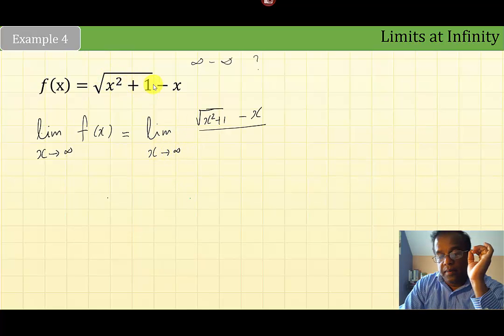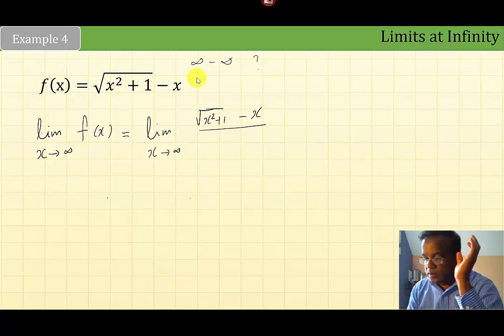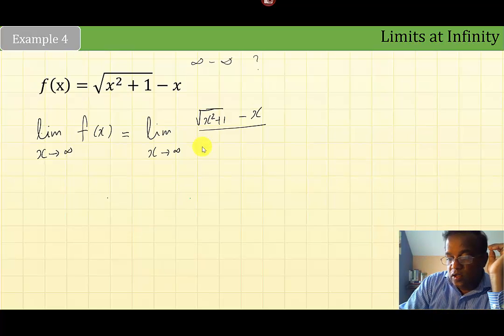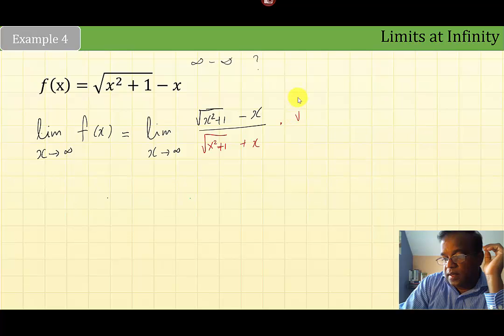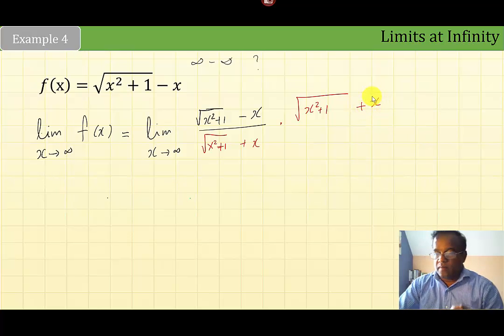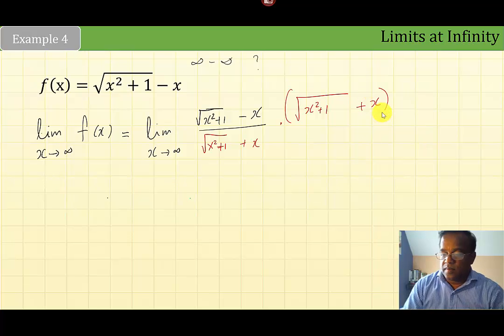This looks like a minus b, so we are going to use the rationalize-the-numerator strategy here. We are going to use square root of x squared plus 1 plus x. We divide and then multiply by the same thing. So you get a parenthesis.